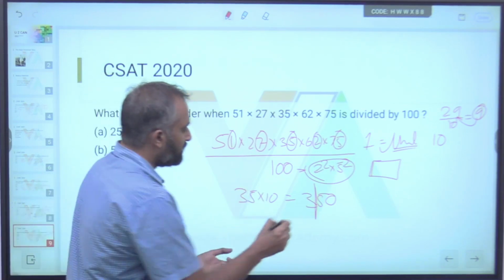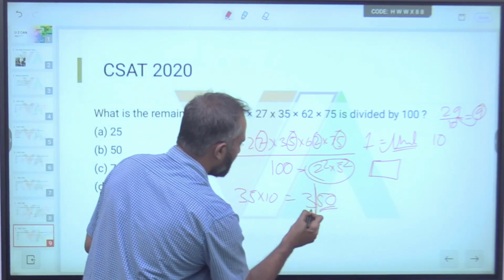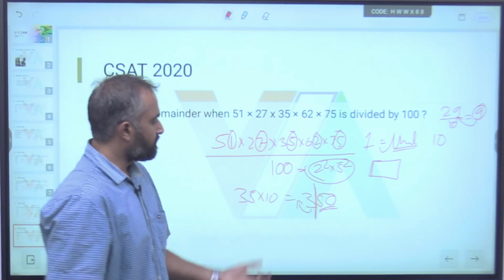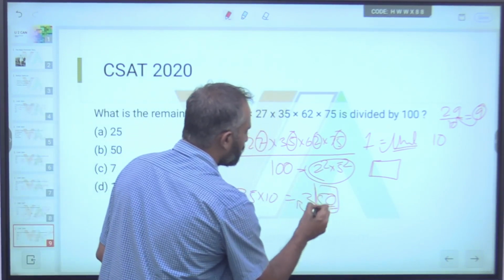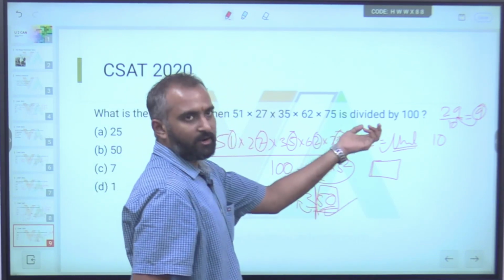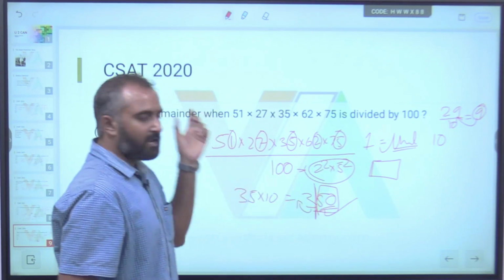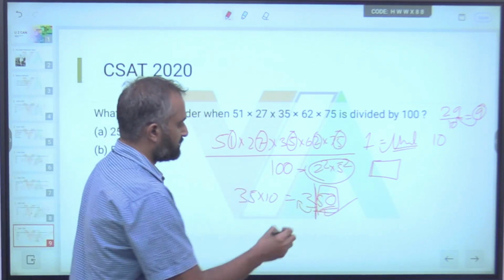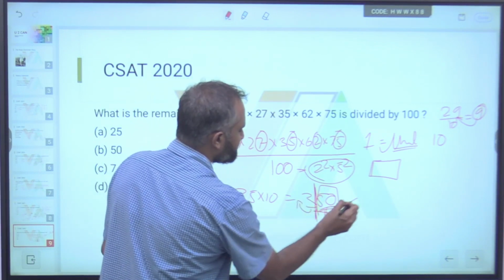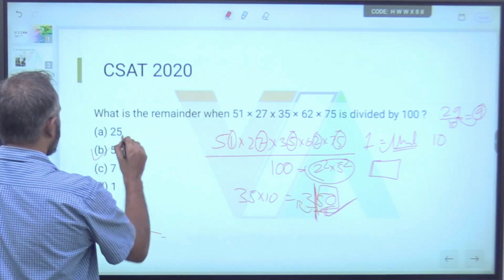That means the last two digits are fixed, and this gets added to the next number. Since we are already getting to know the last two numbers, we need only this, because for 100 and remainder, we need the last two numbers. Since there is only one carry, 3 becomes carry, 50 is the last 2 digits, so 50 is the answer.